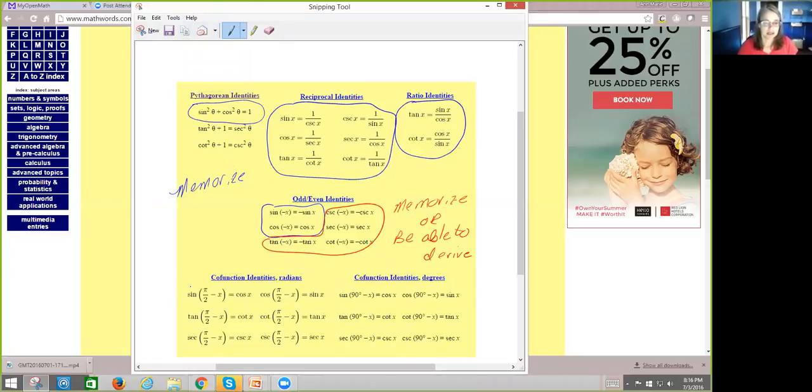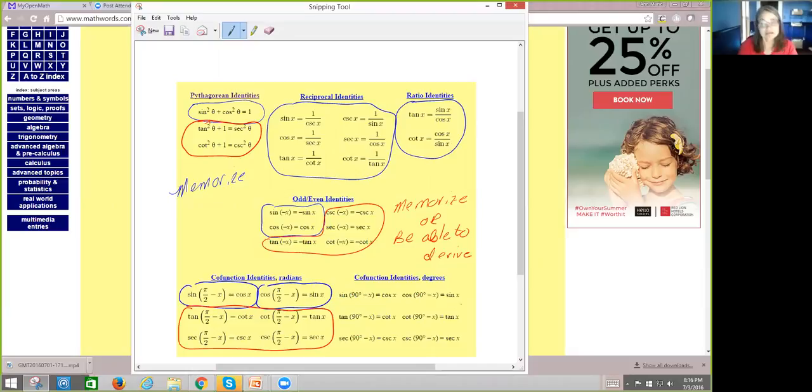Okay, you should know this one and this one. From these two, you can get to all of the others. So these go under the be able to derive or memorize section. All right, so here's your sheet of things you need to be able to get to and the things that you absolutely need to memorize at this point in the class.